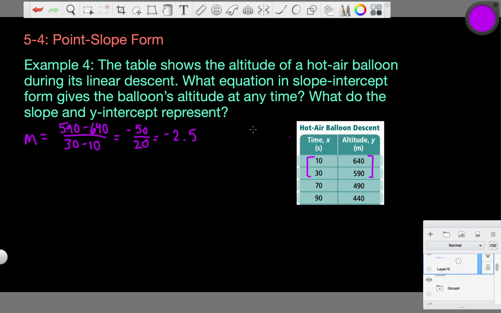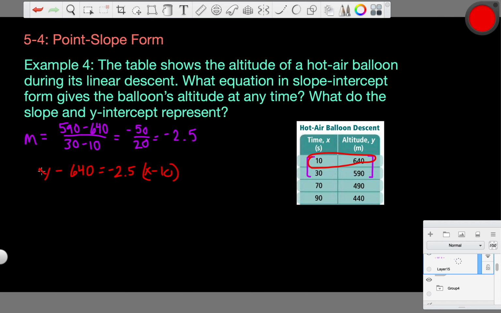So now what I'm going to do is plug in this slope with one of these coordinate points into point-slope form, and then we're going to mold it into slope-intercept form. So I'm going to use this first point, 10, 640. Okay? So we're going to have y minus 640 equals our slope times x minus 10, because that's our x value.